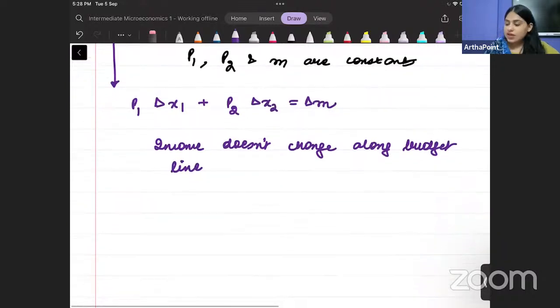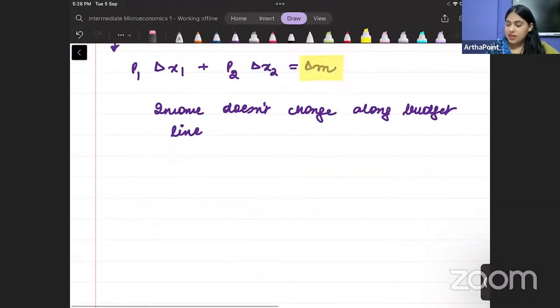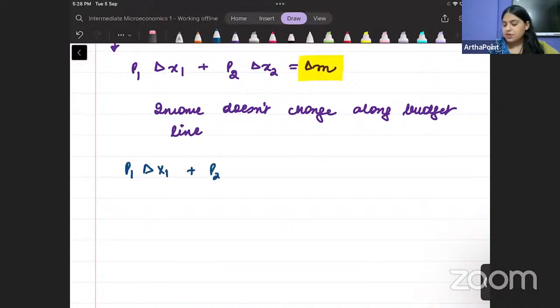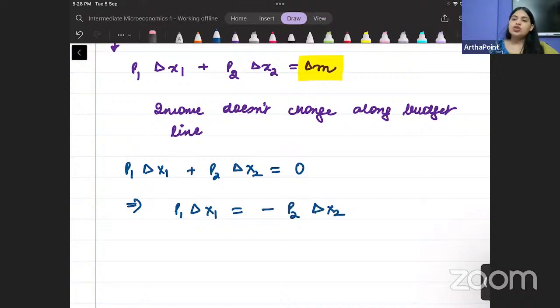So beta, if income is not changing, I must put this as 0. So what will I get? P1 change in X1 plus P2 change in X2 will be 0. So P1 change in X1 will be minus P2 change in X2. I am taking this on the other side.